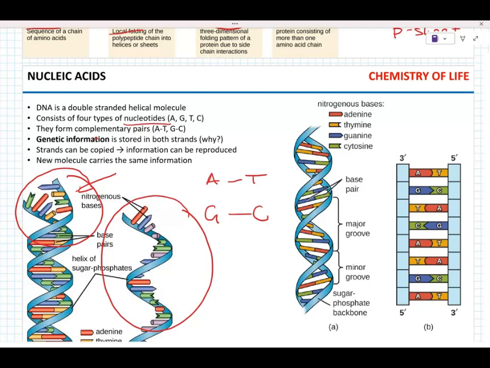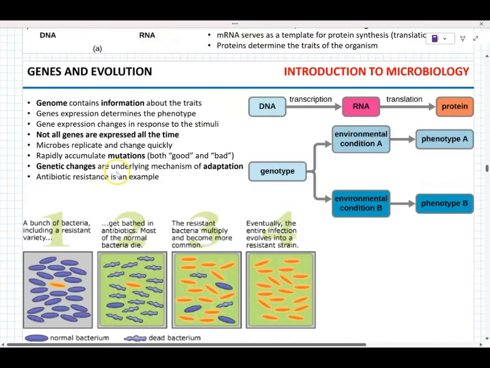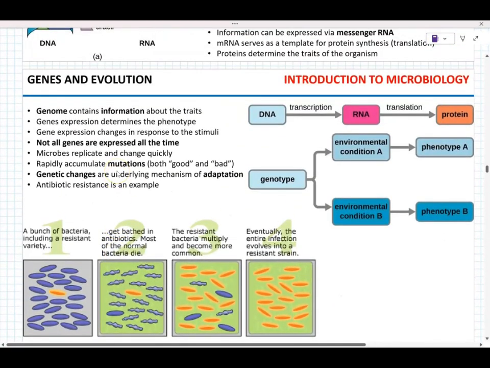So that allows coding. That allows the concept of a message, and what's important, this message can be copied and passed down from generation to generation. And this brings us to the 2 most important concepts in microbiology: gene expression and evolution.